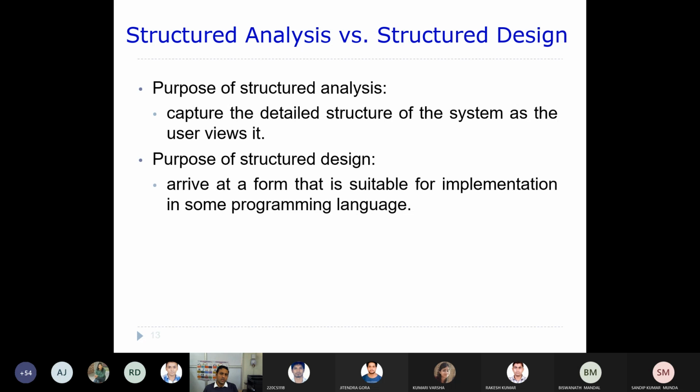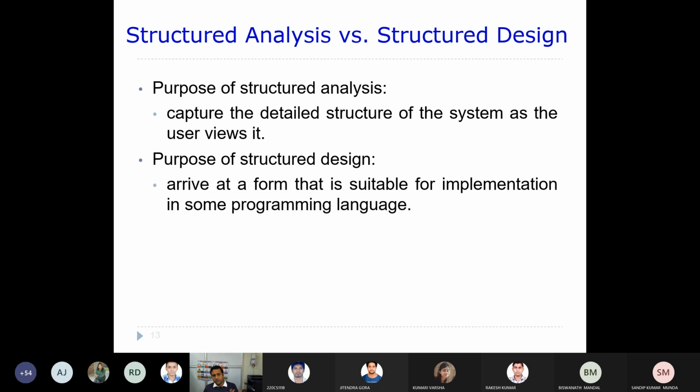That means it is a user perspective, so the user can understand what is the complete structure of the software or the system that we are going to develop. Whereas the structured design is suitable for implementation using some programming language. That means this is actually meant for the developers.